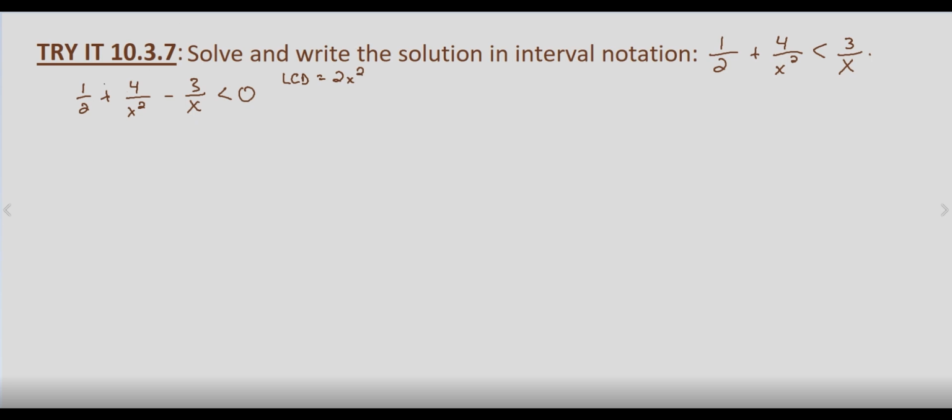So we need to get this over that least common denominator. What is it that we're missing with 1/2? We're missing the x squared. So we'd multiply 1/2 times x squared over x squared. Plus, with 4 over x squared, we're missing the 2, so we'd multiply this by 2 over 2. And then with 3 over x, we're missing 2 and x, so we'd multiply this by 2x over 2x.